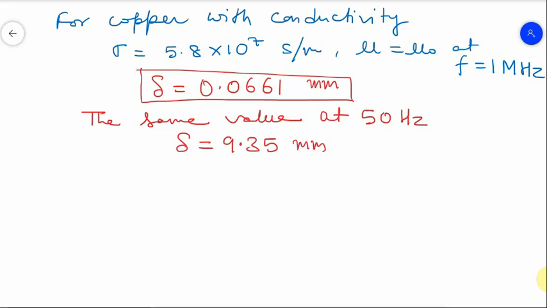Electromagnetic energy is not transmitted in the interior of the conductor. It travels in the region surrounding the conductor while the conductor guides the waves.